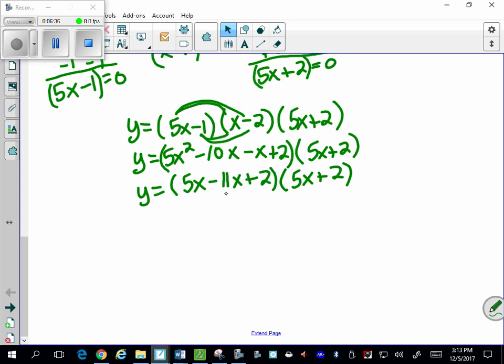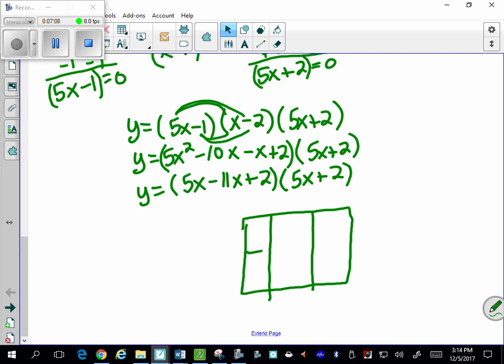Now we have a trinomial times a binomial. You can distribute: 5x squared times 5x, 5x squared times 2, negative 11x times 5x, negative 11x times 2, 2 times 5x, and 2 times 2. You can do that. What I'm actually going to do is this with a Punnett Square. So I'll show you that. We're going to do three by 2, since it's 3 terms by 2 terms.